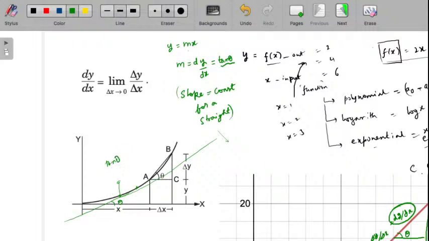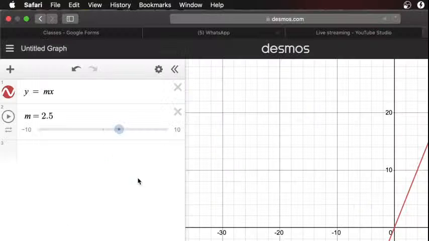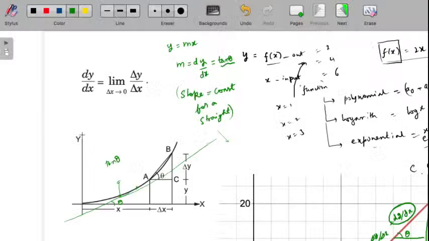Just like we can say the slope here is constant, how do we know how the slope changes at each and every point here? Is there a specific relation? Yes, there could be a specific relation for how the slope changes. That depends on the polynomial.